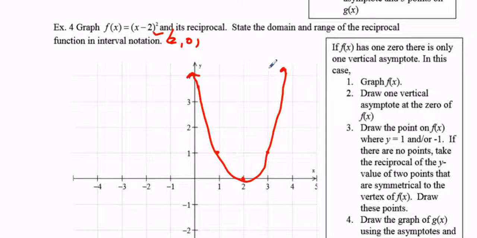I'm going to identify the zero here, and so I'm going to draw that reciprocal asymptote in right here. Everywhere there's a zero on the original, there's a vertical asymptote on the reciprocal. Oh dear, I'm just going to need, there we go.